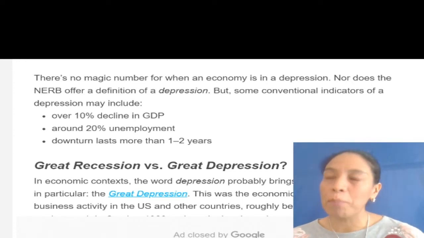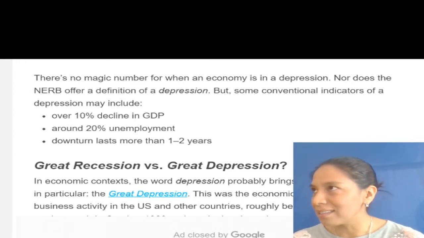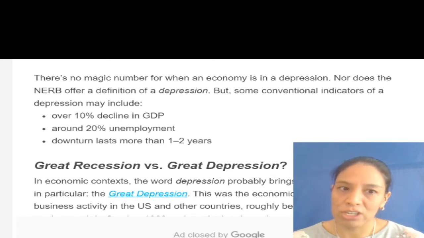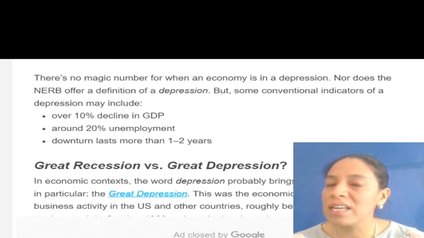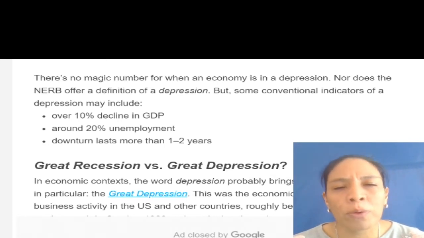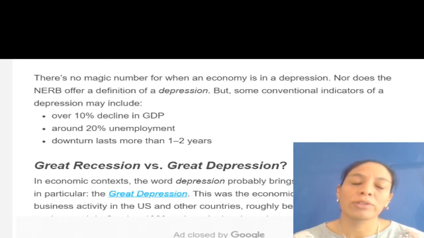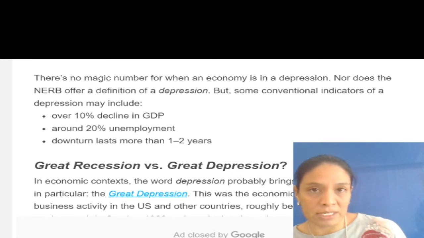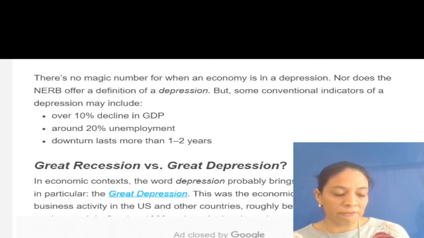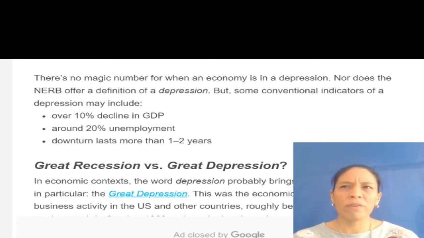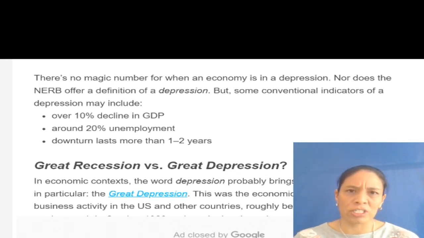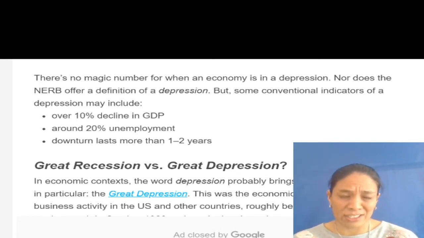To get to that point, we have already passed and way past the recession. Around 20% of unemployment. We have about 4.6 something according to the CIA World Factbook, 2017 last update. We're very far from a depression. We have been very far from a depression since very early in the 20th century. So we are a stable economy.